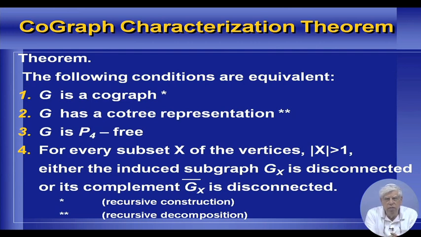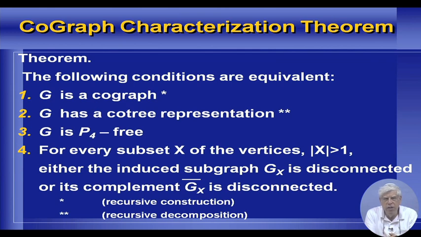And here is the very nice characterization theorem. A graph is a CoGraph if and only if it has a CoTree representation. That almost goes if and only if, because that's the way we build it and record how it's constructed. The equivalent condition P4 free is what I've just stated, but we haven't proven.